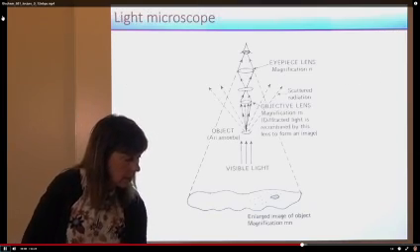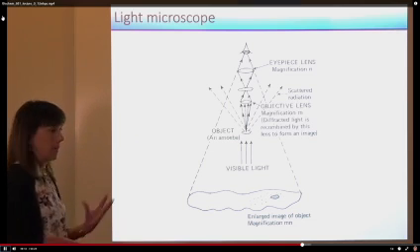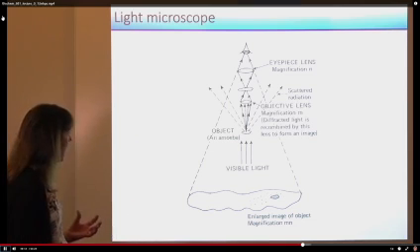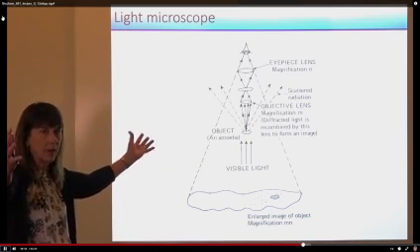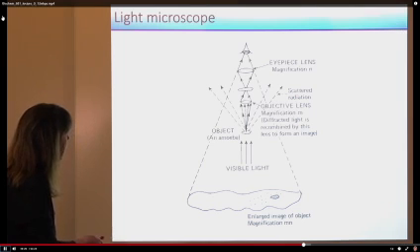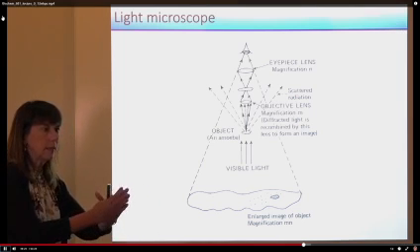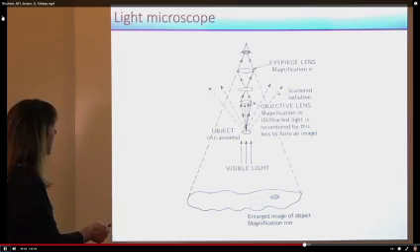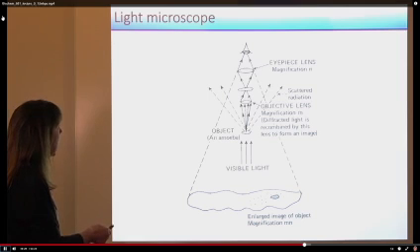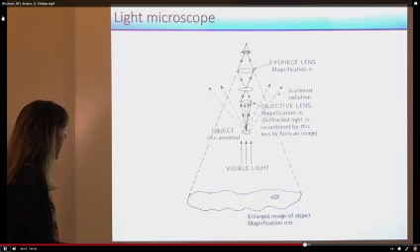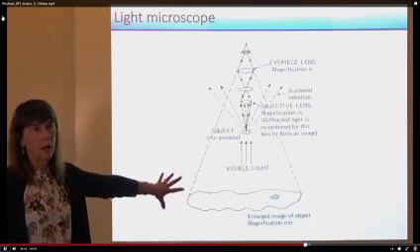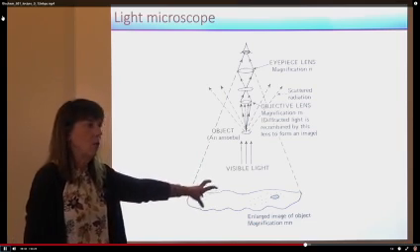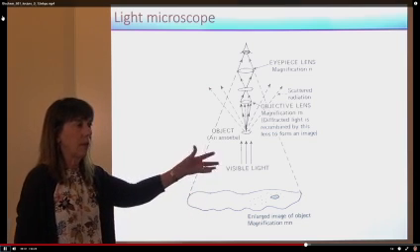So we've got this amoeba in our light microscope. We put visible light, it hits the amoeba, and the light rays are diffracted. Then there's this lens that refocuses these scattered light rays onto an enlarged image, which is shown here. And then there's a magnifying eyepiece lens that further magnifies it, so you get this enlarged image of the object.